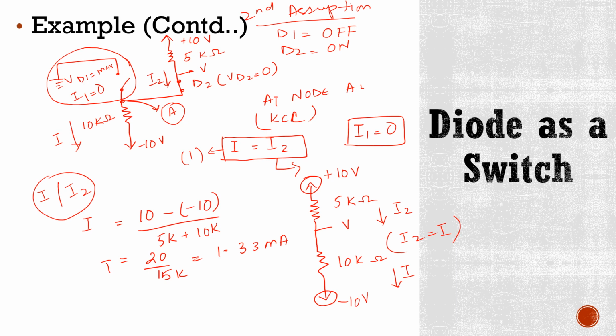This is the value of current. It means I is equal to I2 is equal to 1.33 milliamperes. This is the value of current for this circuit.